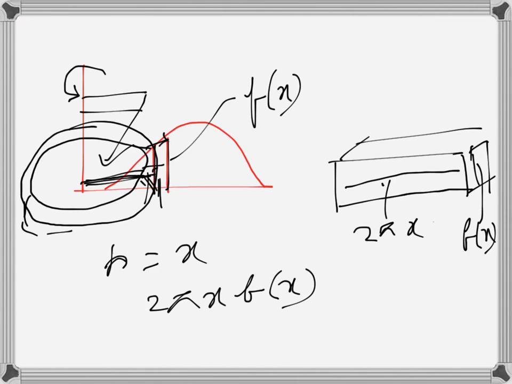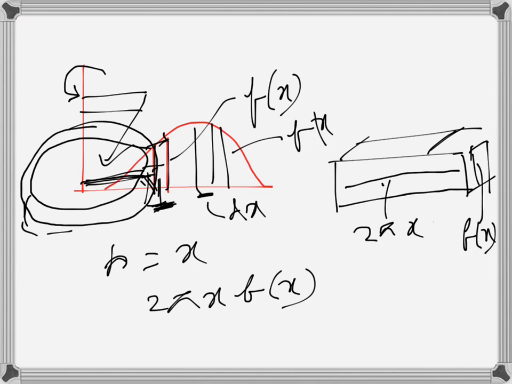If we want to find the volume, we have to multiply by the thickness, and the thickness is again dx. So the radius is x, the height is f(x), and the thickness is dx.